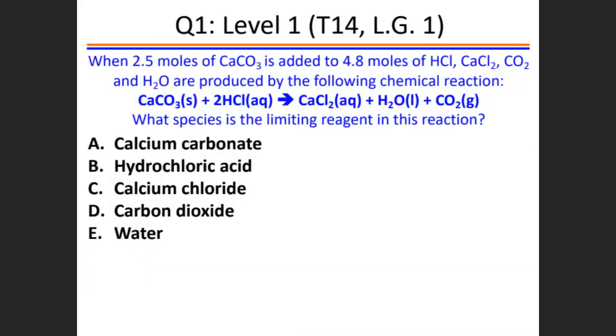When 2.5 moles of calcium carbonate is added to 4.8 moles of HCl, calcium chloride, carbon dioxide, and water are produced by the following chemical reaction. What species is the limiting reagent in this reaction?